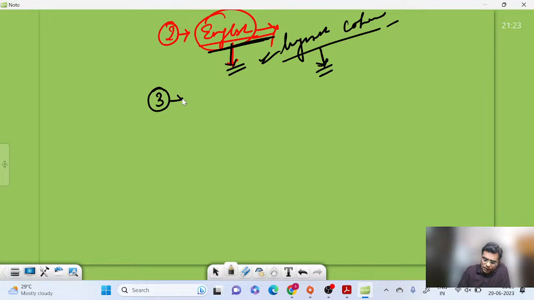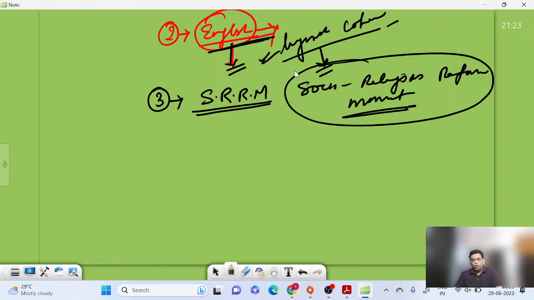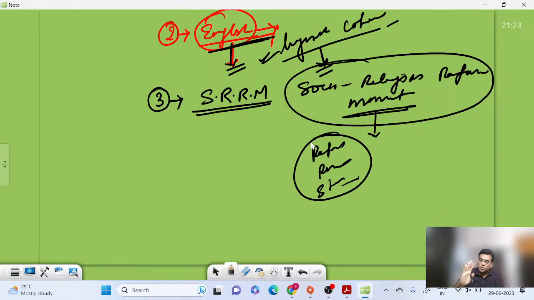The third point is the socio-religious reform movement. I hope all of you have studied that all three trends of the social reform movement, whether it was reformation, revivalism, or status quoism, the ultimate outcome was four types of nationalism.